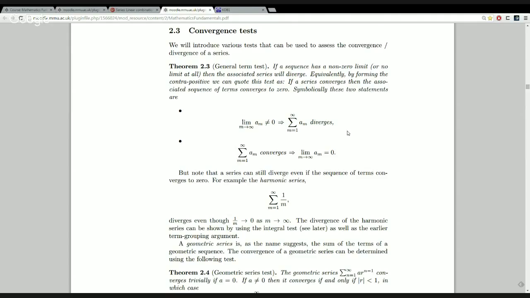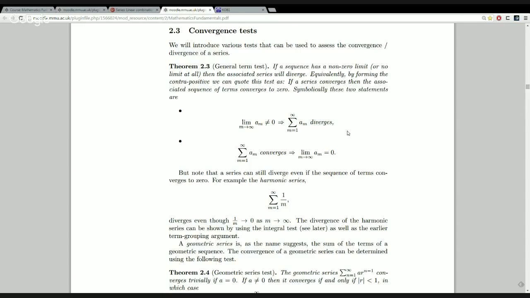So this is theorem 2.3, the general term test. The way we'll prove it is we'll prove that second version of it, the second of those bulleted points in the statement.